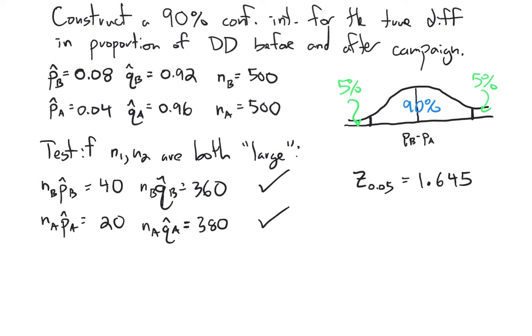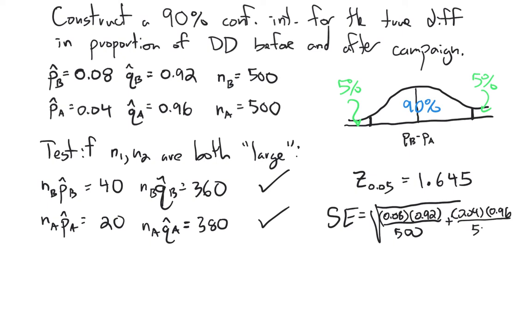Okay, so we need our standard error, and that's going to be the square root of P hat before times its probability of failure, so that's 0.08 times 0.92, over 500. That's our first sample, and we'll do it for a second sample too, 0.04 times 0.96, again over 500.